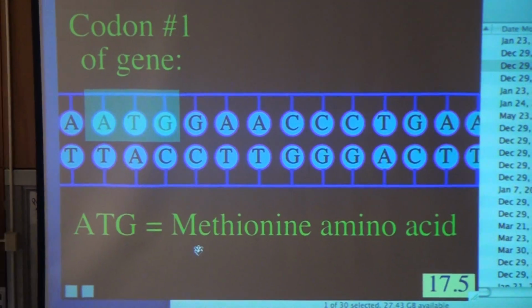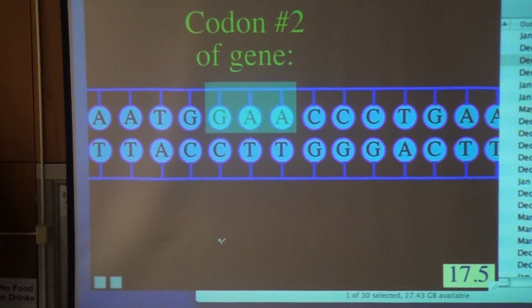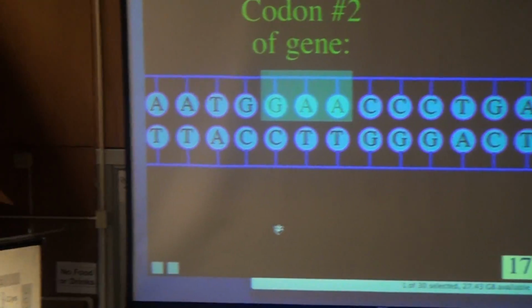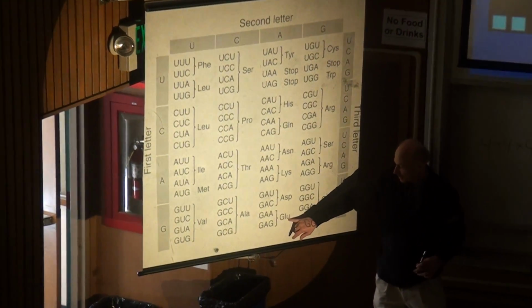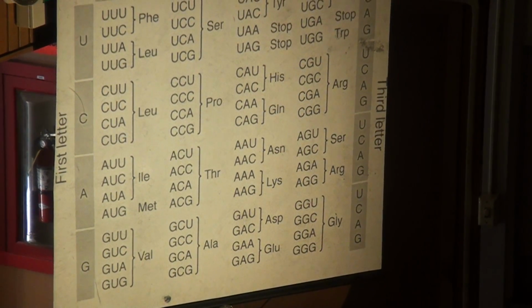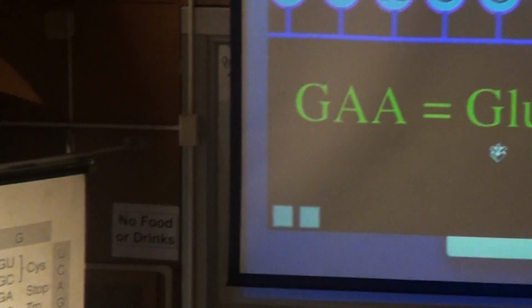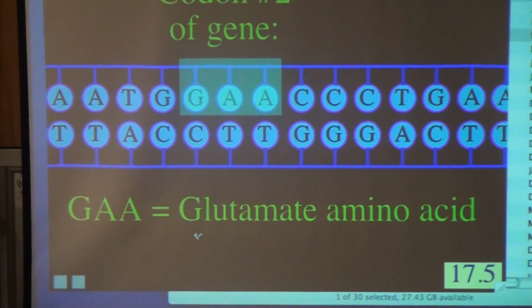The second codon of this gene is GAA, and to the cell, GAA stands for the amino acid glutamate. And so that's what the second amino acid is going to be.